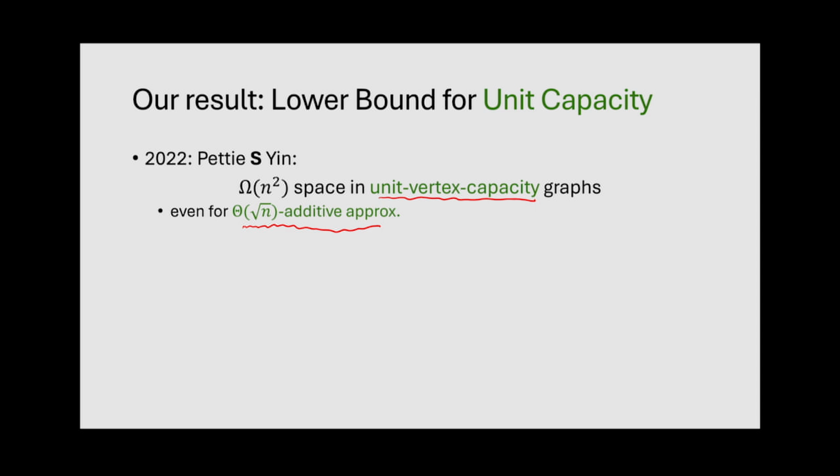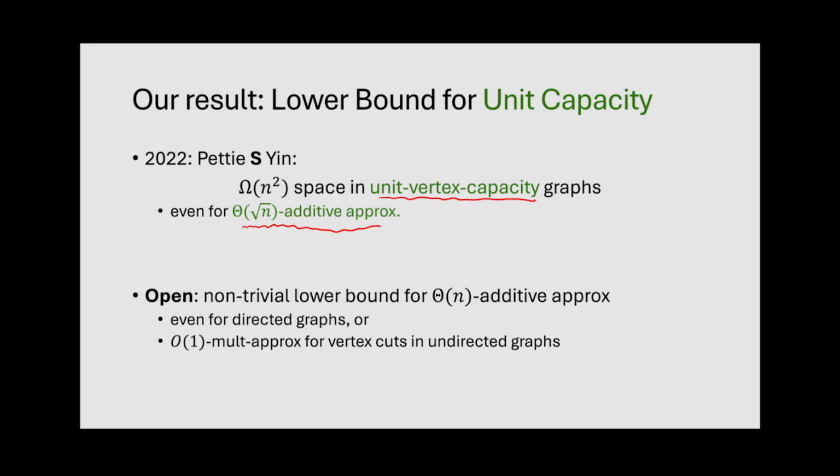Okay, so I want to show some idea in this. And what I want to know is, can we boost this further to additive n approximation, or some multiplicative approximation? That's the question.